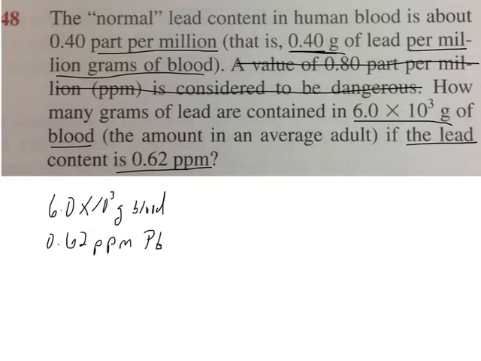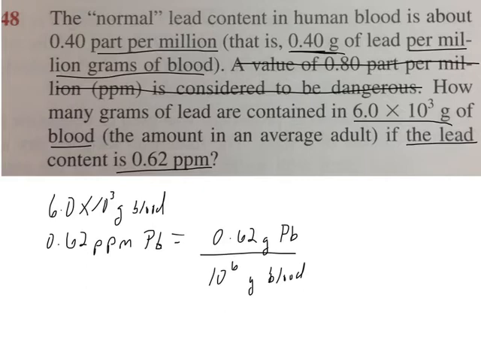Okay, so now I want to make sure I don't have anything with parts per million, but what I do know is that if 0.4 parts per million was 0.4 grams per million grams of blood, then this is equal to 0.62 grams of lead for 1 million grams of blood.